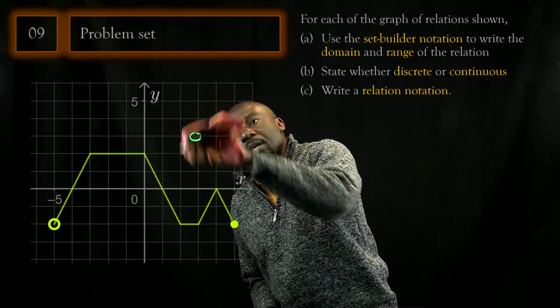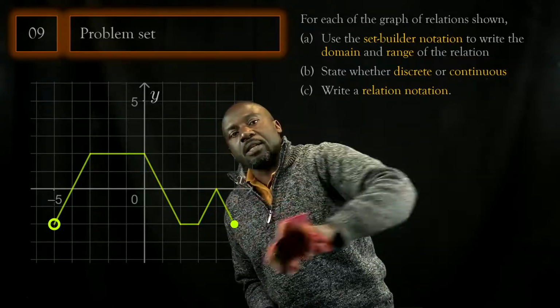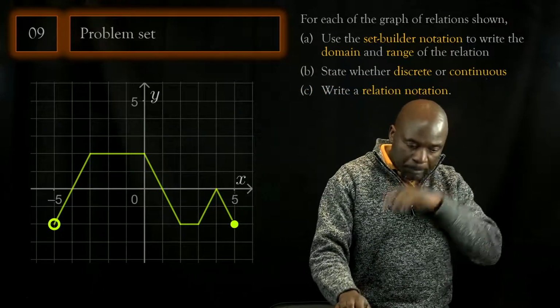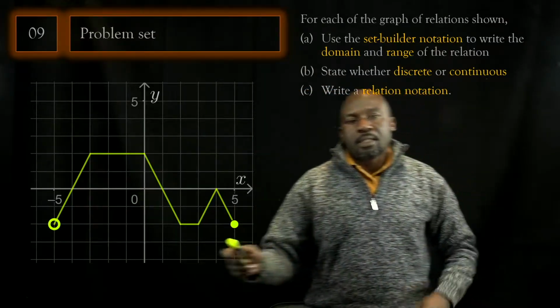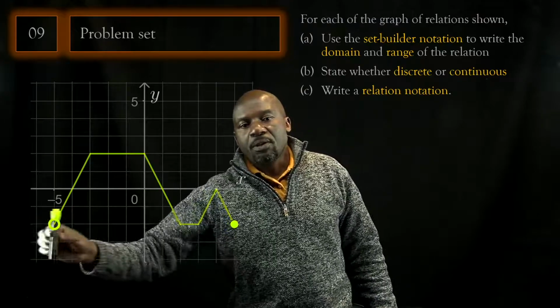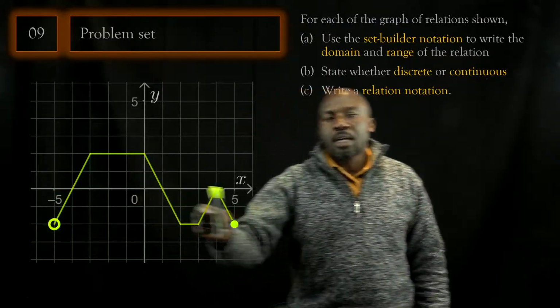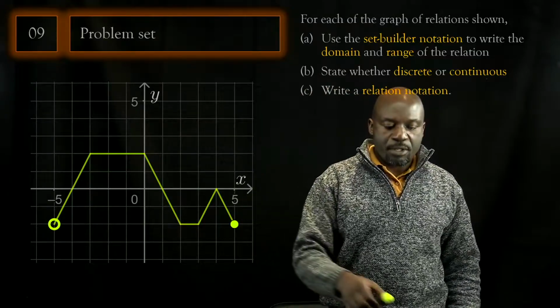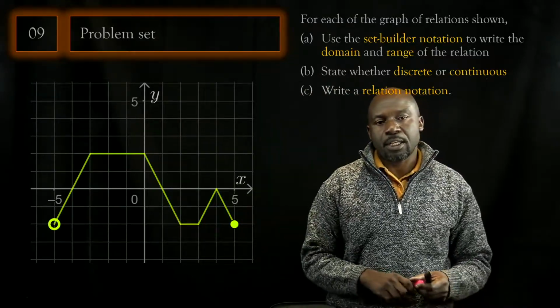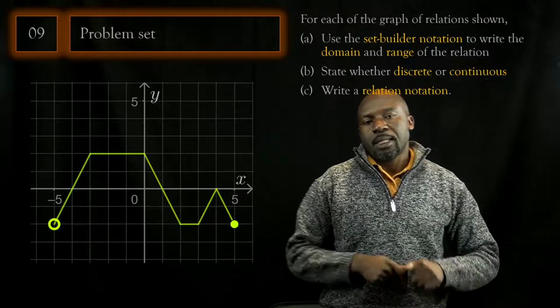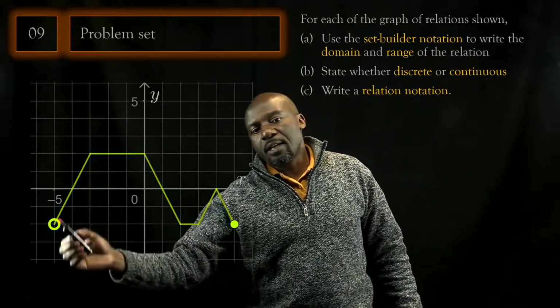Now, if you remember the first graph that I showed you, we can see that the domain is the lowest possible x value on the graph to the highest possible x value on the graph. And if you look at this, you should see that the lowest possible x value has to be greater than -5.